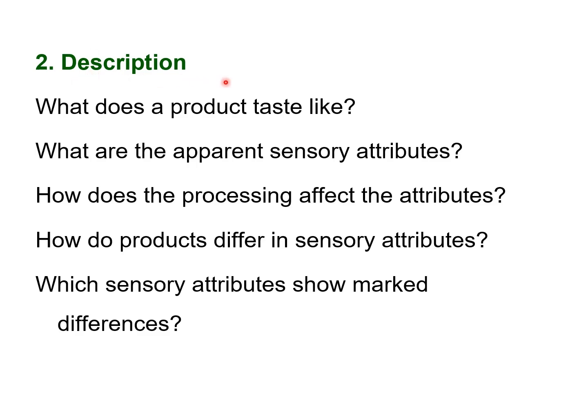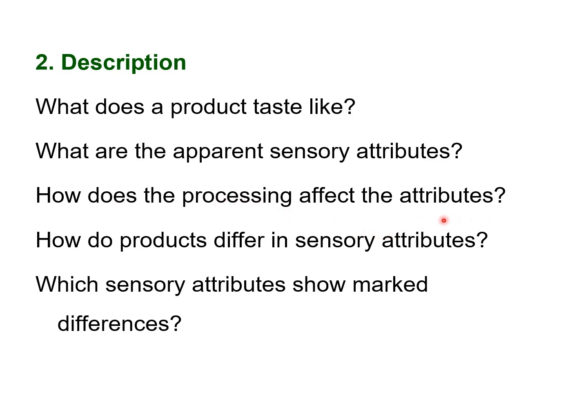In the descriptive test, what does the product taste like? We have to describe in detail what the product tastes like, what the apparent sensory attributes are, and how the processing affects the attributes.